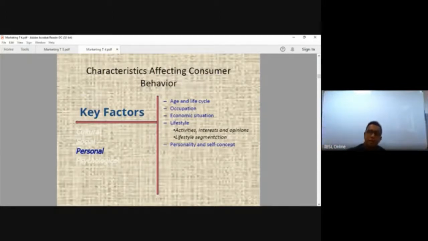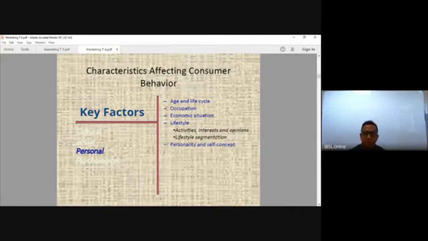It's another life cycle stage. And then there's a stage where you are getting retired, and your children are married and gone. They are not living with you, and then both of you, you and your spouse, are fully retired. Then your income may have dropped. Then your buying behavior might change.